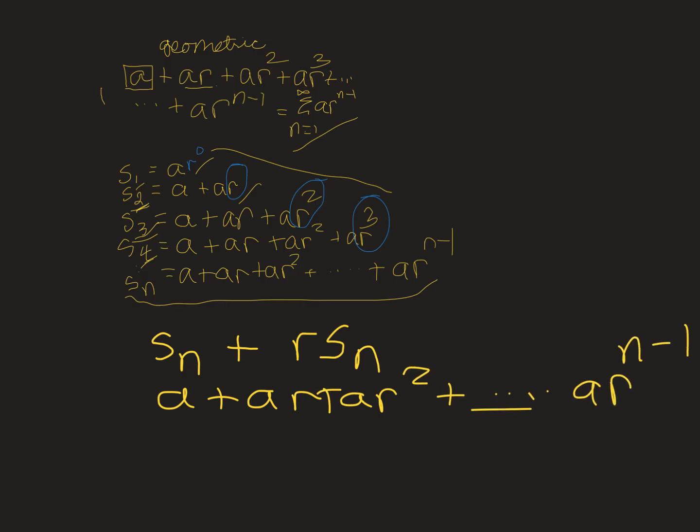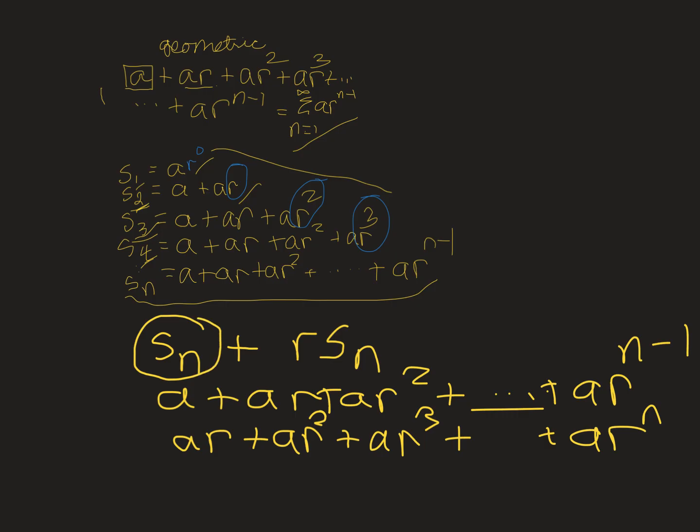But if you multiply all these terms by r, you end up with ar plus ar squared plus ar cubed plus ar to the n at the end, excuse me. Now let's look at that. What we want to do is find an explicit representation of what that sum is. This is a recursive kind of formula.